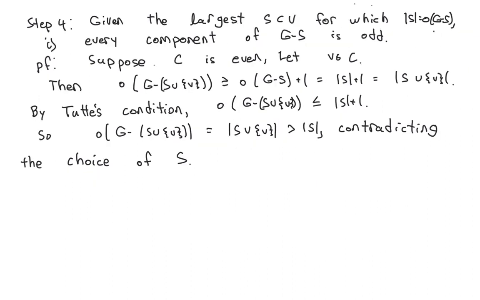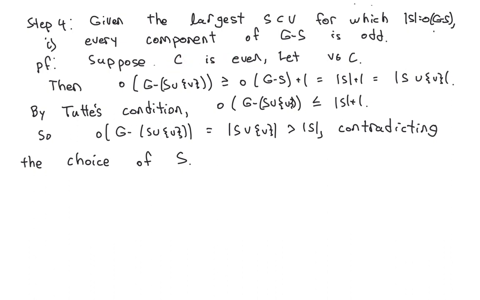And now we are in the longest case, the fourth case, which also has subcases itself. Step 4, we're going to take the largest proper subset S for which the number of odd components of G minus S is equal to the size of S. One of the things we want to show is that every component of G minus S is odd. And so this is going to be a contradiction argument.